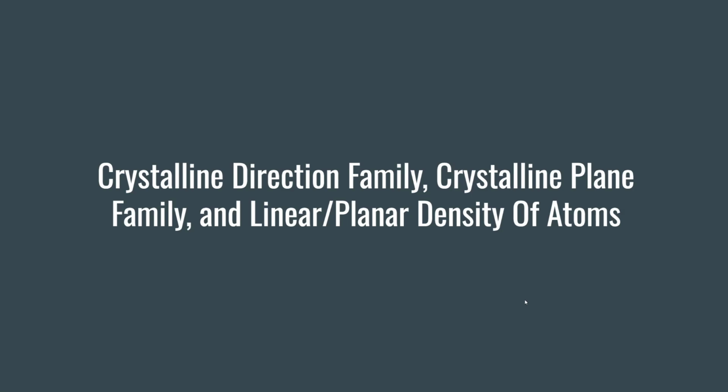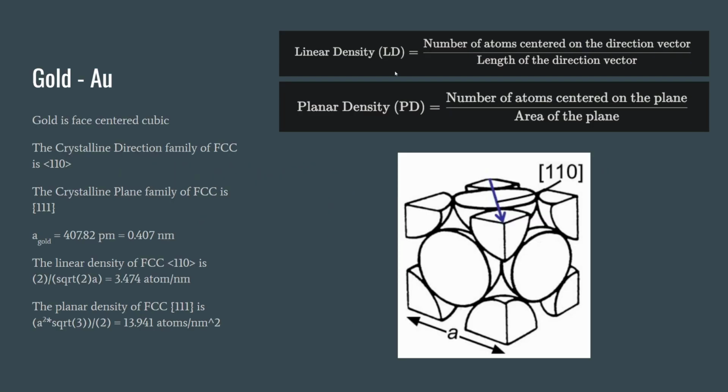Now, let's get into the crystalline direction family and crystalline plane family, as well as the linear and planar densities of atoms. First up is gold, where we will put it through the linear density equation, in which you take the number of atoms centered on the direction vector, demonstrated here, and divide that by the length of the direction vector here.